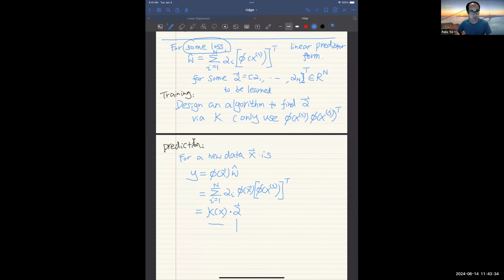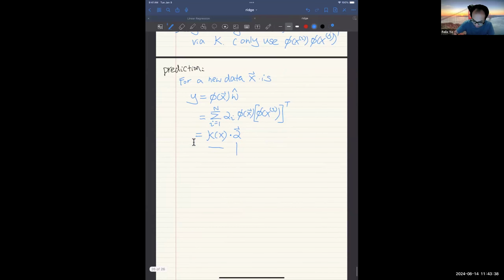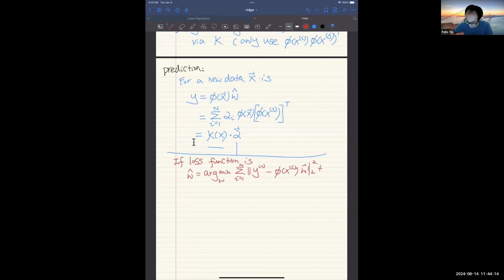If we happen to pick the ridge regression loss, if my loss function is precisely the ridge loss, then we take the sum over i from 1 to n of the squared error, plus lambda times the norm of W. So this is the loss function that we're interested in.